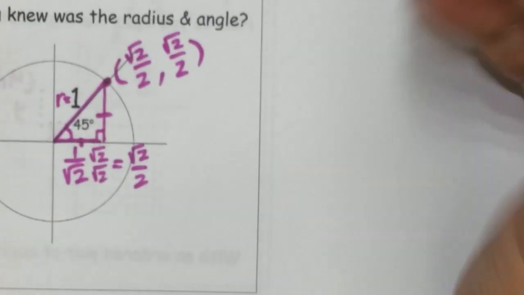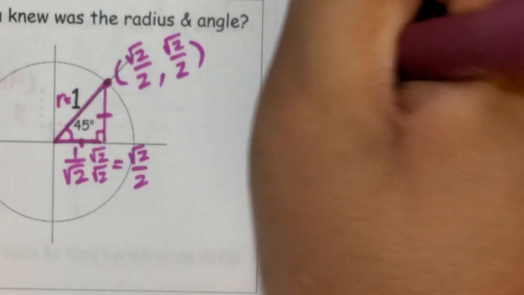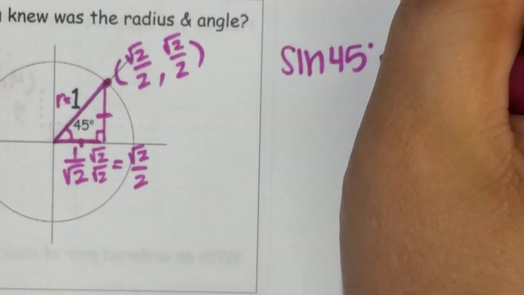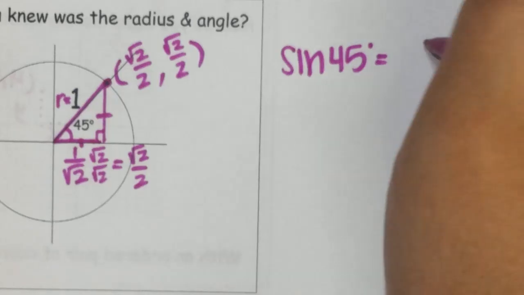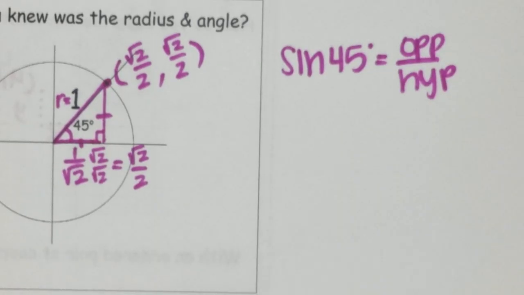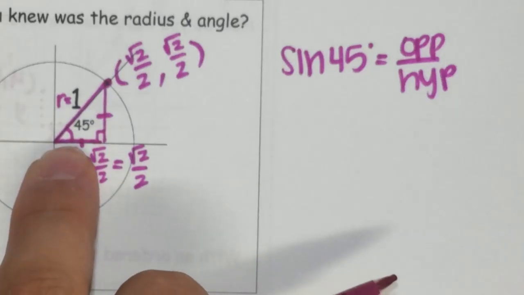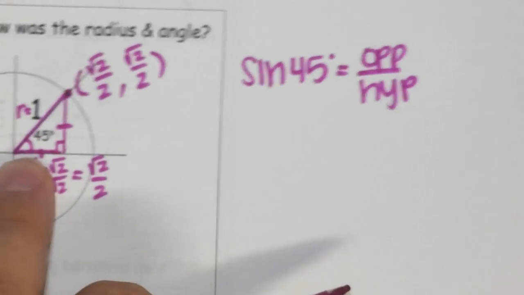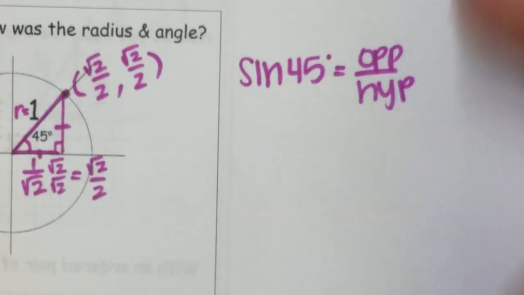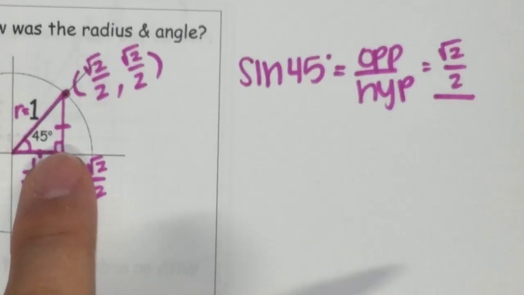What if I asked you to find the sine of 45 degrees of my unit circle? What is sine? Opposite over hypotenuse. Well, what is my opposite here? Square root of 2 over 2. What is my hypotenuse value?